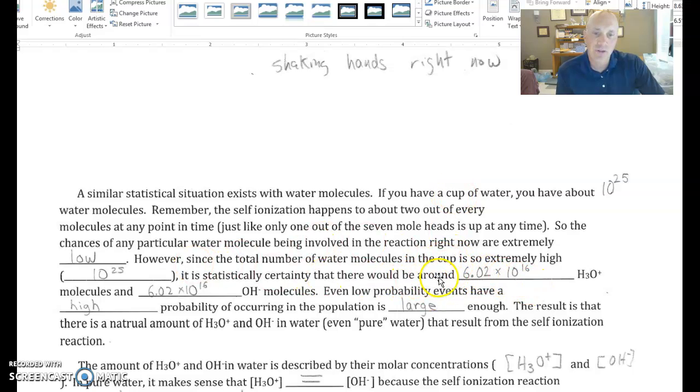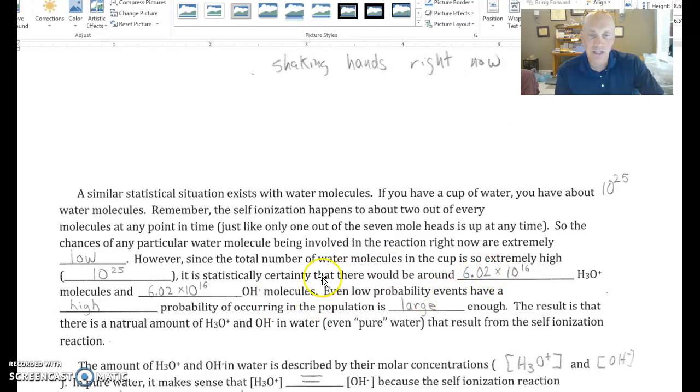So, in that liter of water, there would be about 6.02 times 10 to the 16th H3O plus ions and the same number of OH minus ions. All right. That sounds like an incredibly high number in that liter of water.